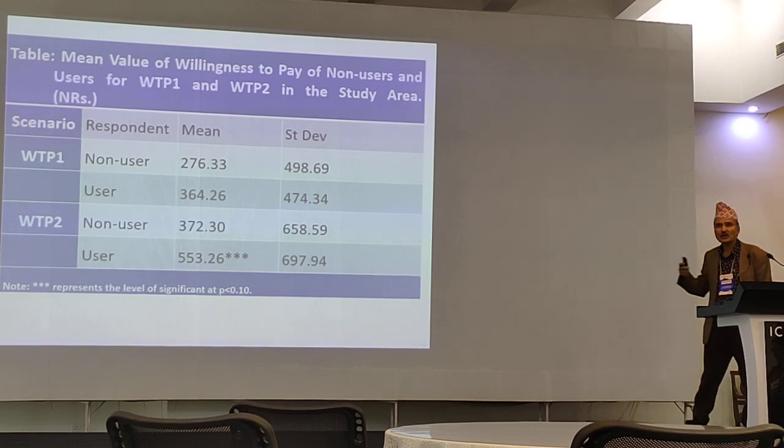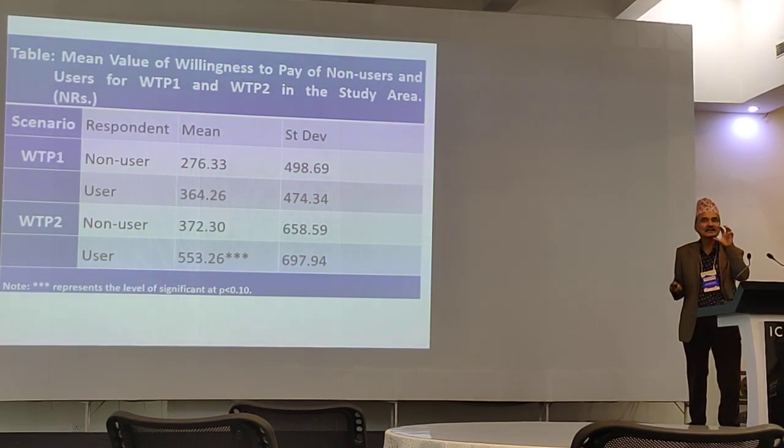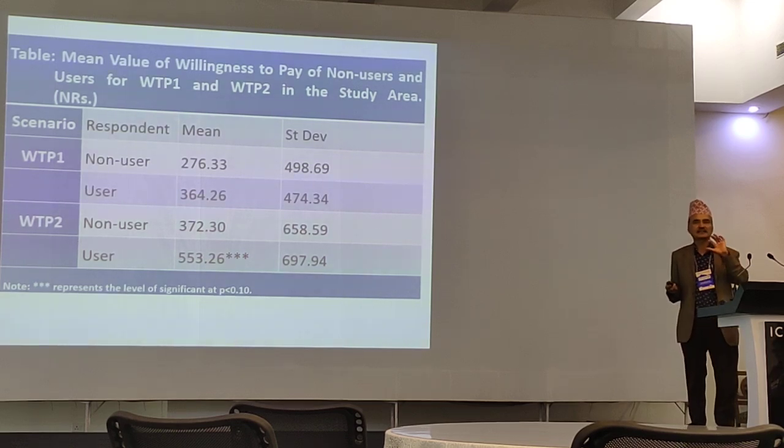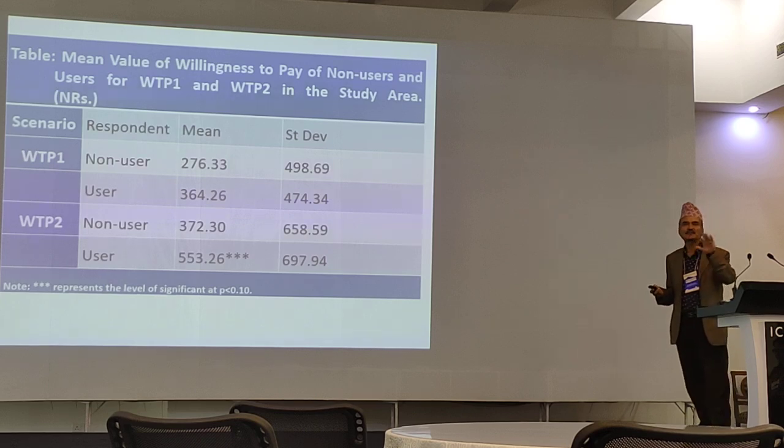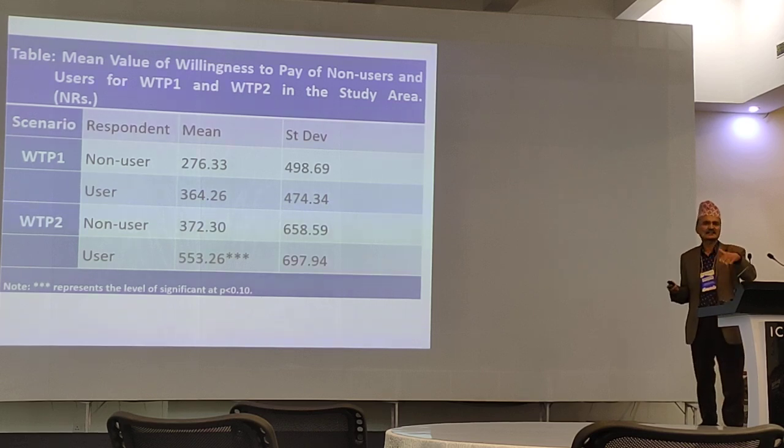Actually, the methodology I used is willingness to pay. In economics, we can evaluate using methods like willingness to pay or the travel cost method, something like that. There are so many methods.